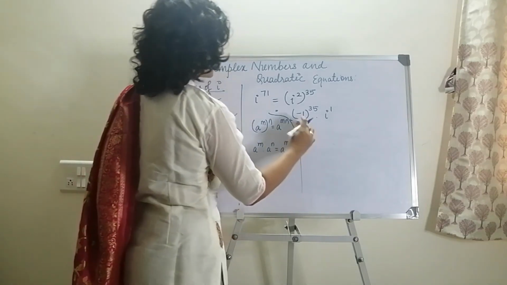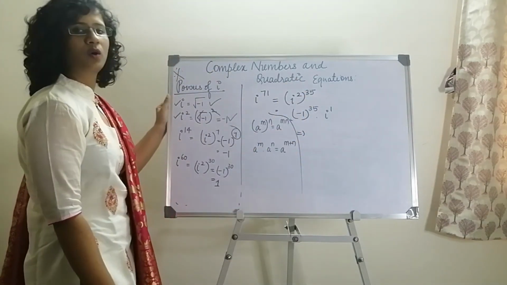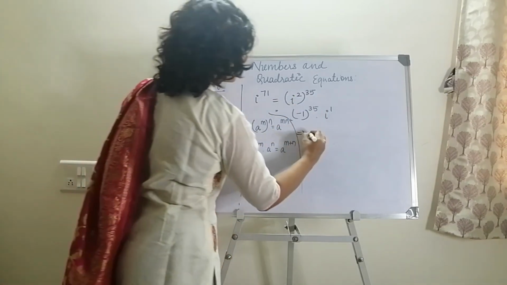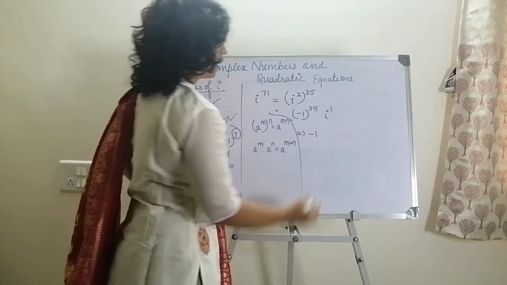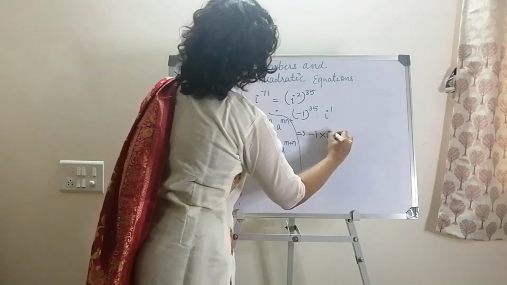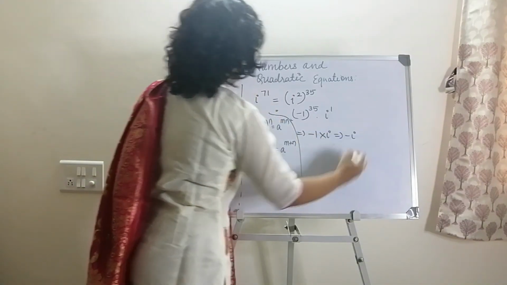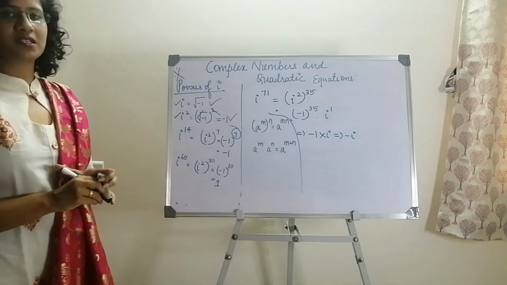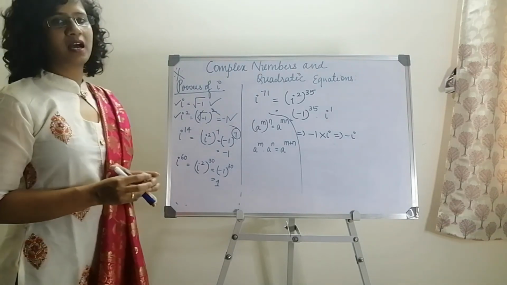So minus 1 whole to the power 35, I have an odd power, so I will get this as minus 1 itself. Minus 1 into i will give me minus i. So the value of i to the power 71 is equal to minus i.